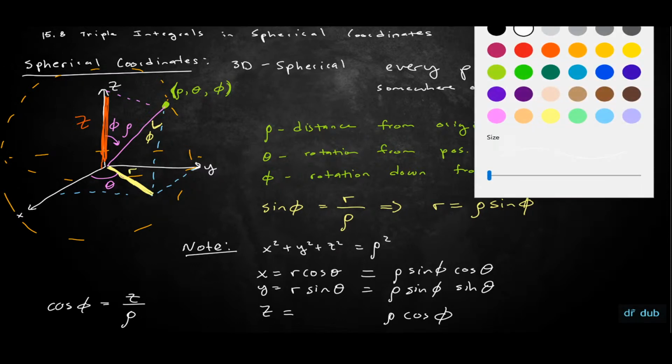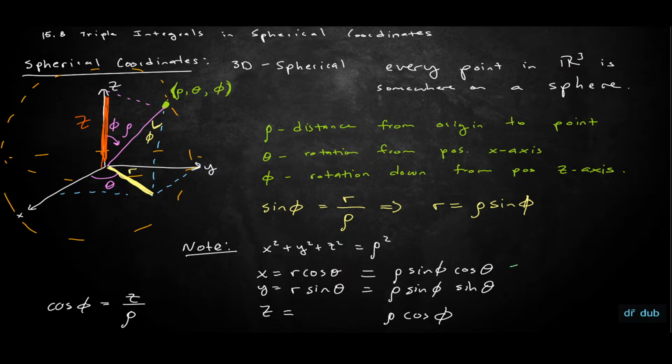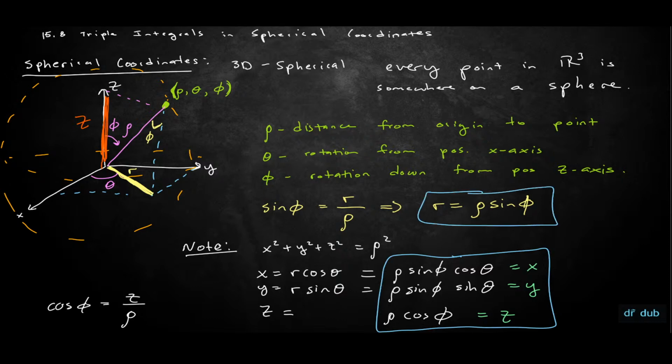And those are the relationships we want to note for spherical coordinates. So those are all the transformations we want to make for spherical coordinates. Any questions about the introduction?